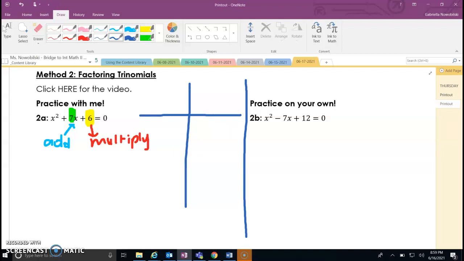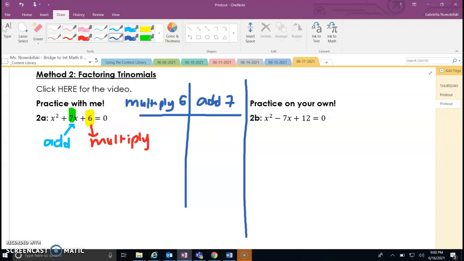But if you want to see a different way, you can always ask me and I can help you find a different way. Okay, but I want to organize a table so I can find what's going to multiply to be a positive 6, and I want something that's going to add to 7. Those are the 2 magic numbers we're looking for: 2 numbers that multiply to 6 and add to 7.